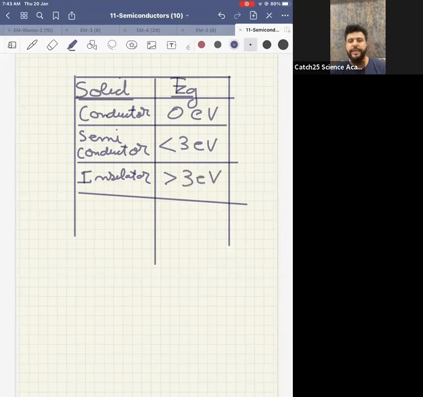So just write down a summary table below the notes.